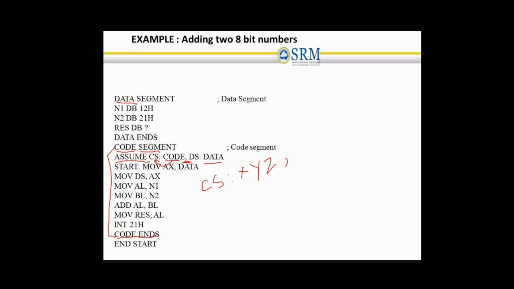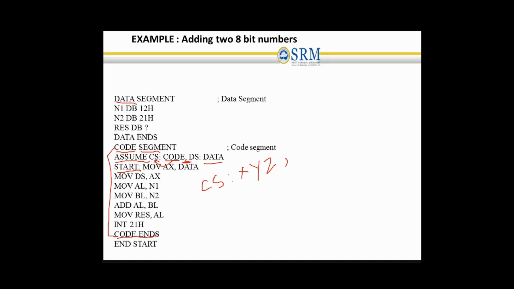That's it, over. Now, after assume, the next step is start colon. What is this start colon? Why am I giving start? You may have a doubt, why didn't we give the start outside the code segment? See what this start refers to.